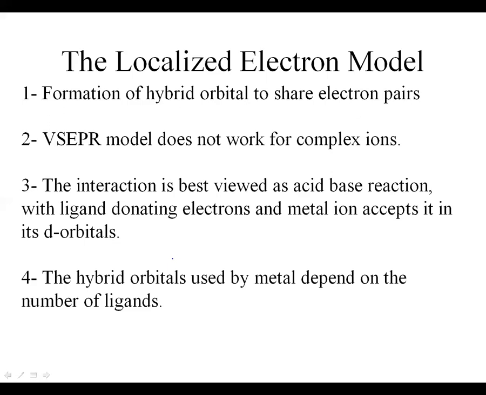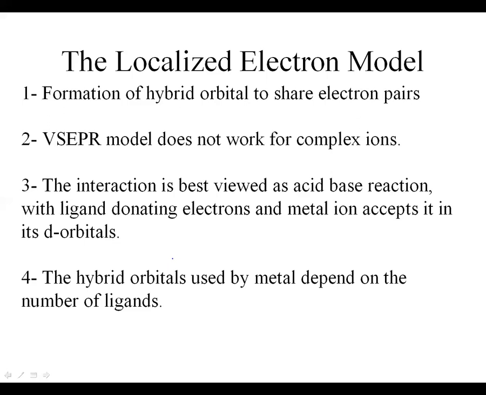All right, so we're going to finish up here talking about electrons and how they're put into a complex ion, how the bonding works, and what they end up with in terms of paired and unpaired electrons.